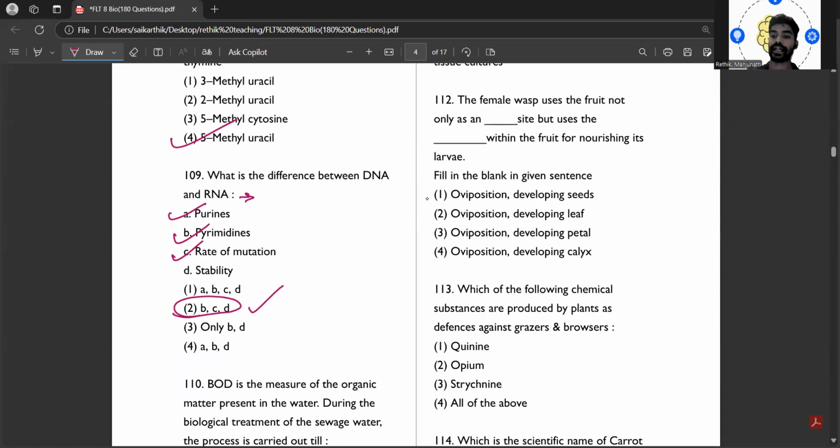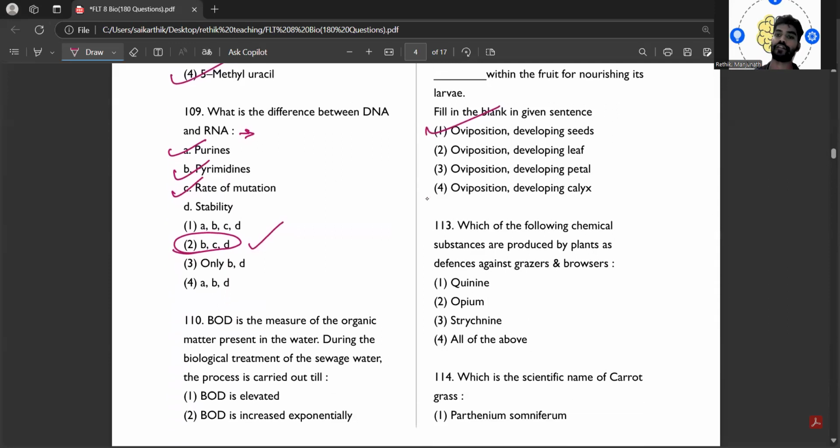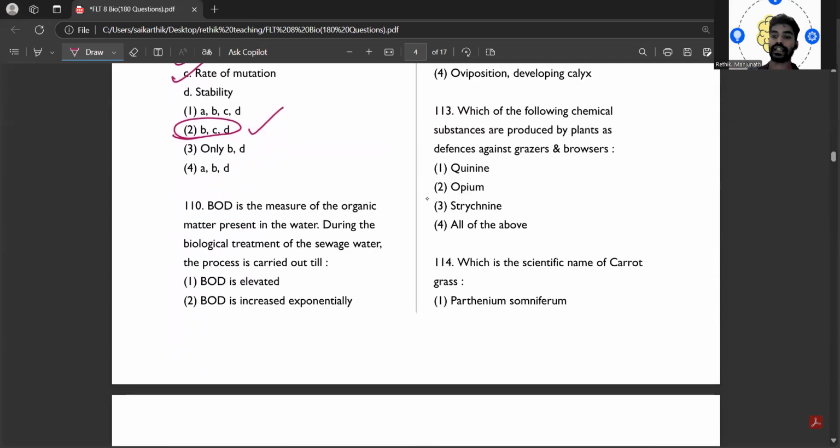Can you answer it directly, because this is a direct question? Yes, oviposition and development. 113 is again, which of the following chemicals or substrates are produced by plants as defense against grazers and growers? So 113 is all of the above.